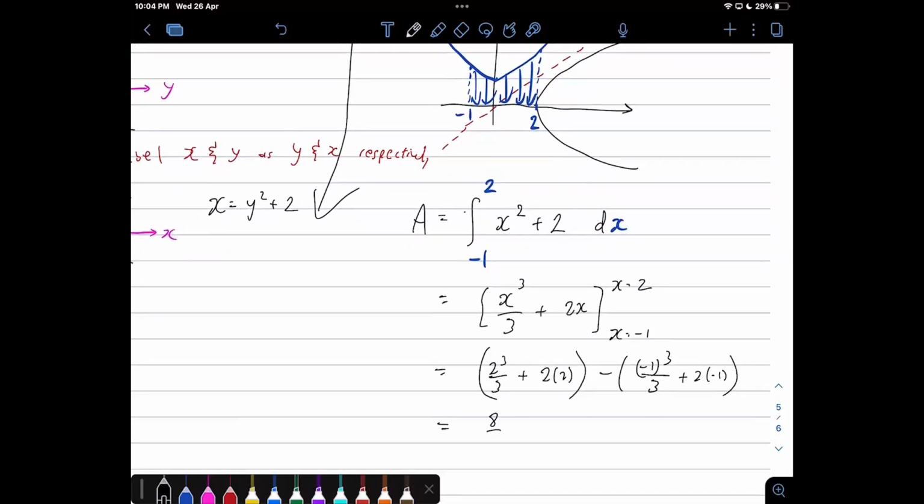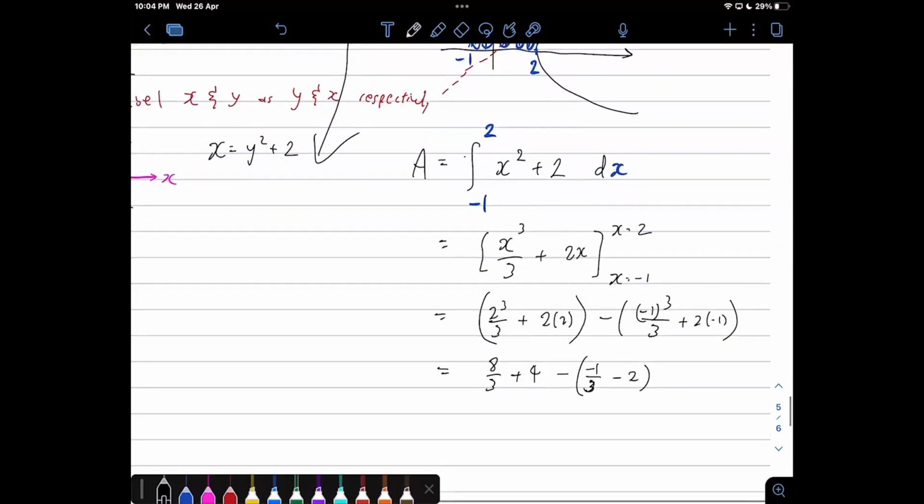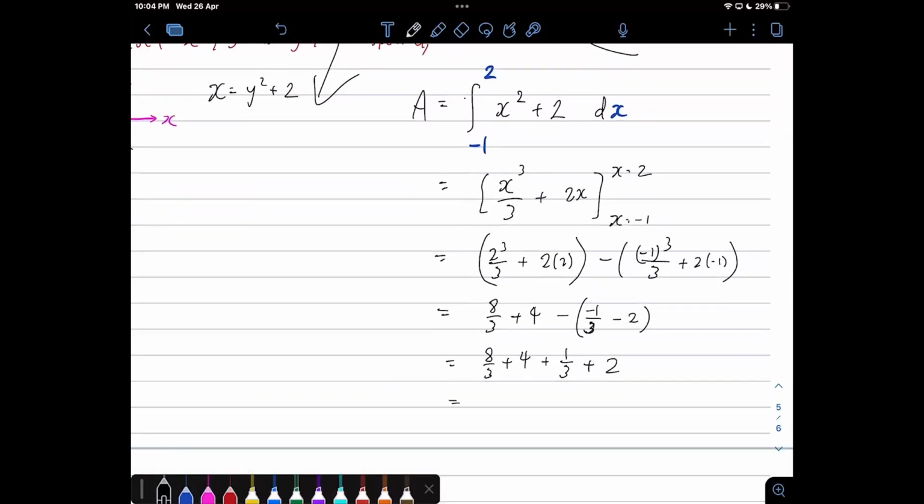What do you get at the end of the day? 8 over 3 plus 4, minus away, -1 over 3 minus 2. Distribute, what do you get? 8 over 3 plus 4 plus 1 over 3 plus 2. 8 over 3 plus 1 over 3, you get 9 over 3, which is just 3, plus 4 plus 2, that's 9.